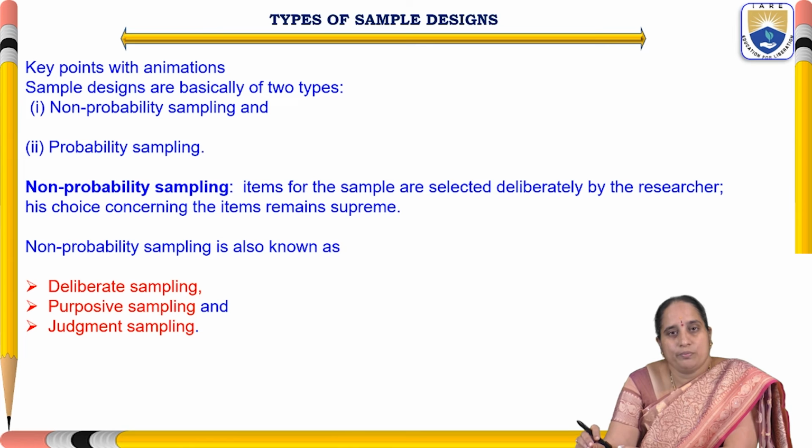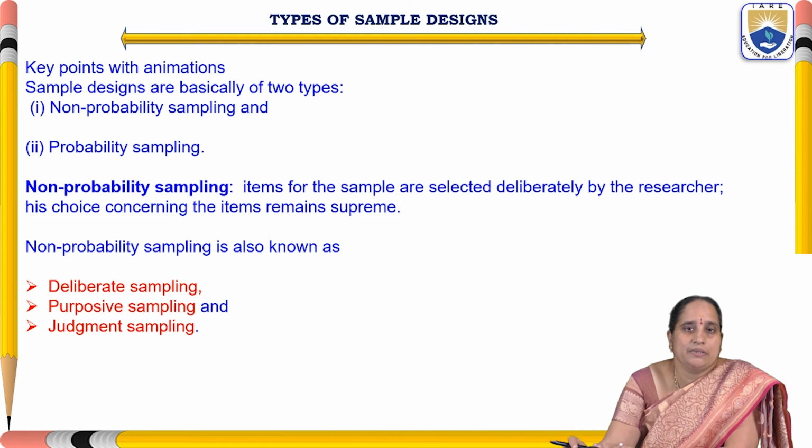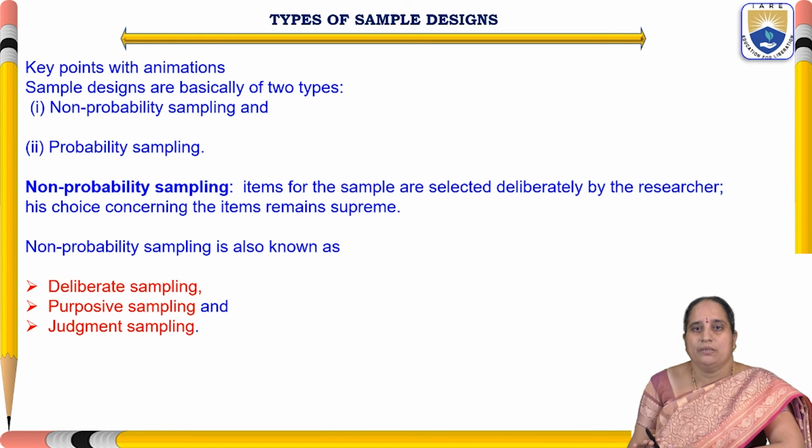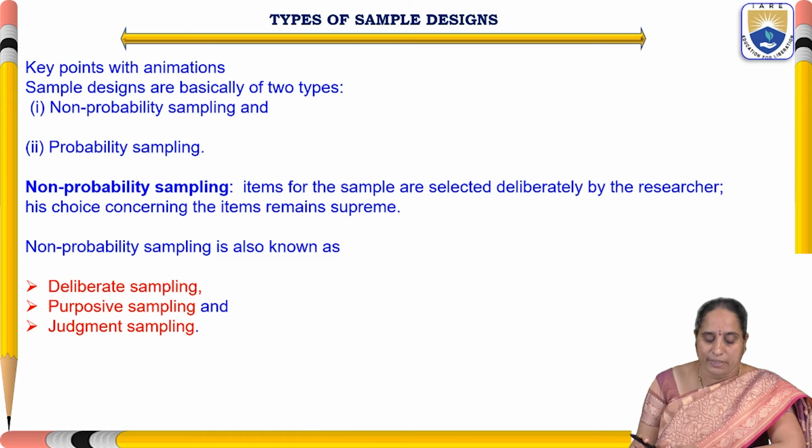In case of non-probability sampling, the sample items are selected by the researcher as per his own interest. Because he is the ultimate decision maker of his own study, based on his own convenience or whatever may be the purpose, he chooses the samples accordingly. There are different types of non-probability sampling available. The first ones are deliberate sampling, purposive sampling, and judgment sampling.